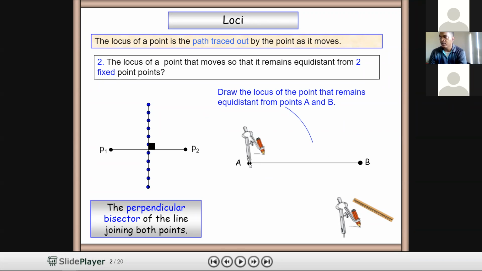Once you have placed the compass there, you stretch out your pencil to be more than half of the line. You have to use your eyes to determine where more than half of the line is. Once you stretch it out to that place, you start to draw a small arc.